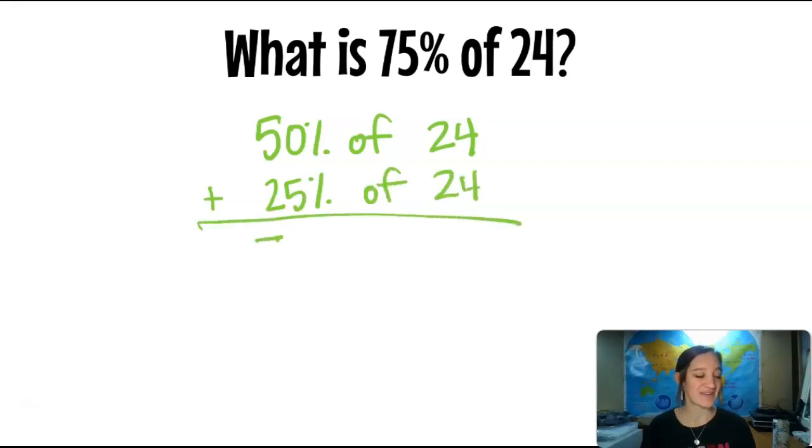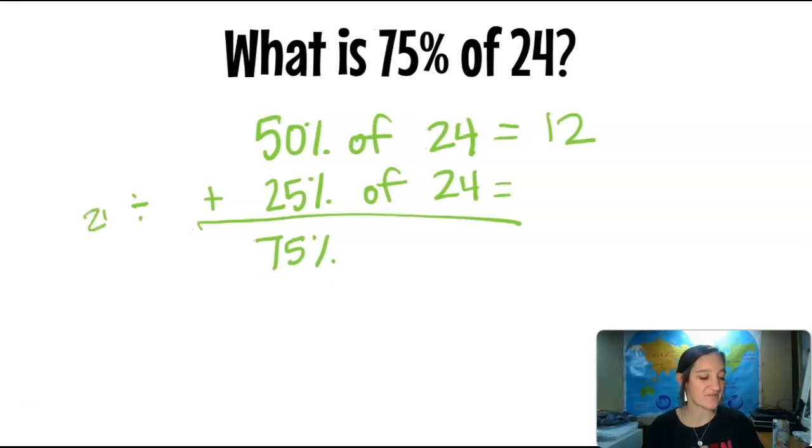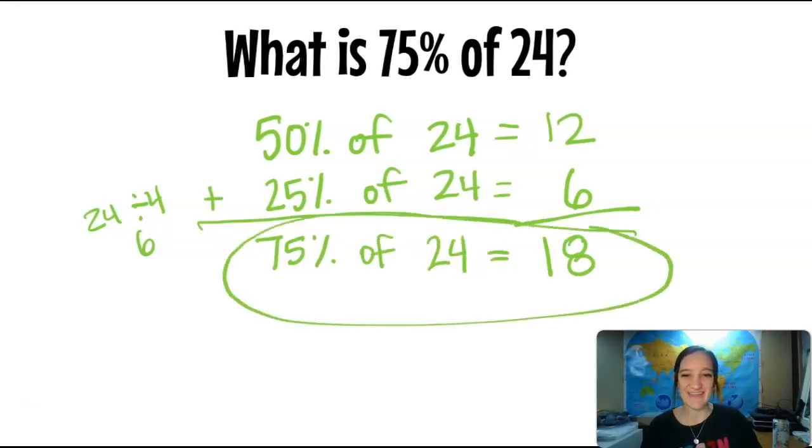That should give me 75%. Should we see if it works? 50% of 24 is 12. 25% of 24, remember I'm going to divide by 4, so 24 divided by 4 is 6. So if I add those two up, I get 18. 75% of 24 is 18, and that is correct.